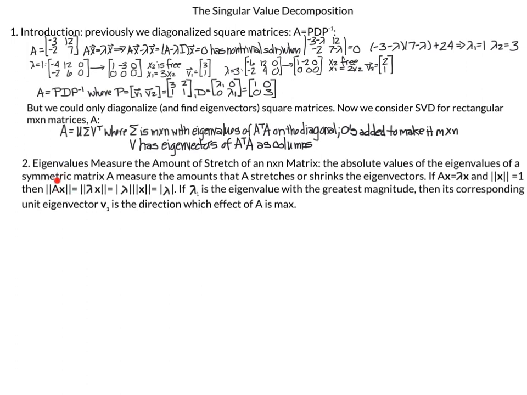So for vectors in the direction of this eigenvector, A will stretch it by an amount lambda. If A has a number of eigenvectors, and lambda 1 is the eigenvalue with the greatest magnitude, then its corresponding unit eigenvector, v1, is the direction in which the stretching effect of A is maximized.